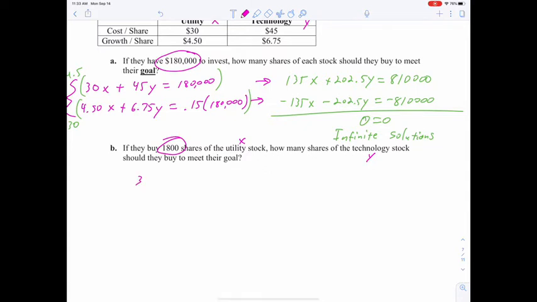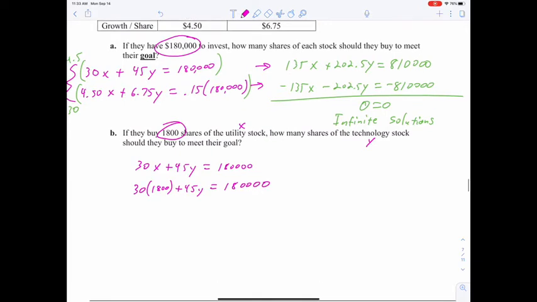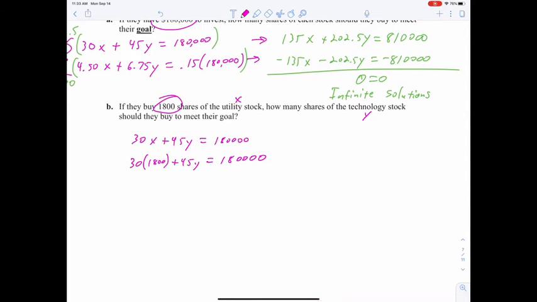Okay, so we got 30x plus 45y equals 180,000. Well, they're telling us x is 1,800. There we go. If you multiply that out, that's 54,000.